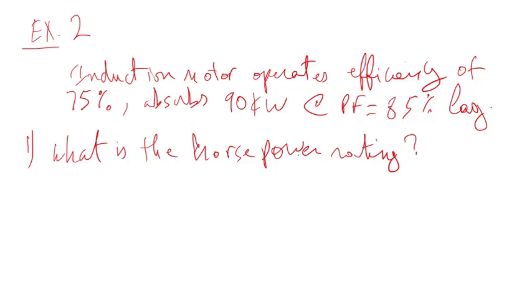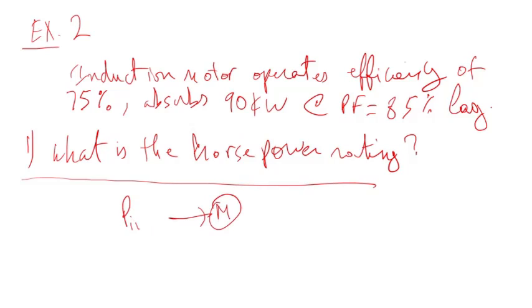So how would you approach this problem? Again, it's always a good idea to make a little sketch. So I have a motor. It takes an input power. It gets an output power. It operates at an efficiency of 75%.